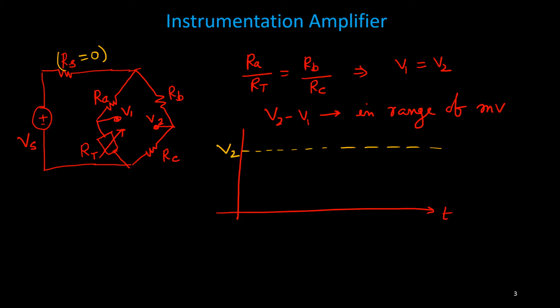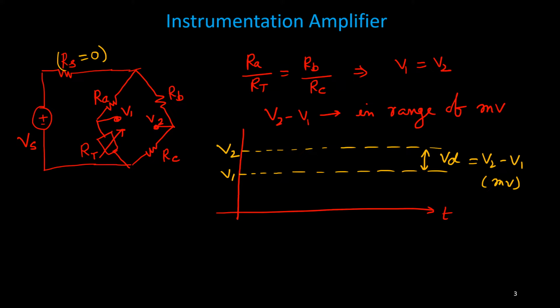So V1 and V2 are different, and this is your V1 level. So this much is the difference between these two. That difference voltage we will call Vd. So this difference voltage Vd, that is V2 minus V1, I've said is in the range of millivolt, a very small amount, and we need to amplify it.